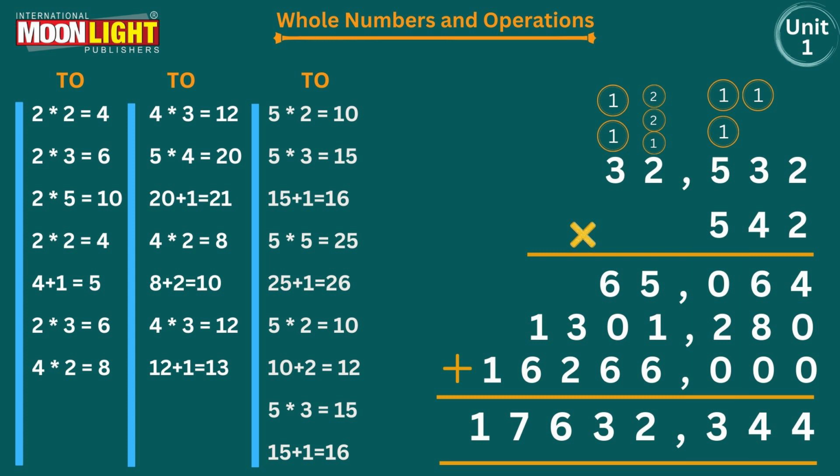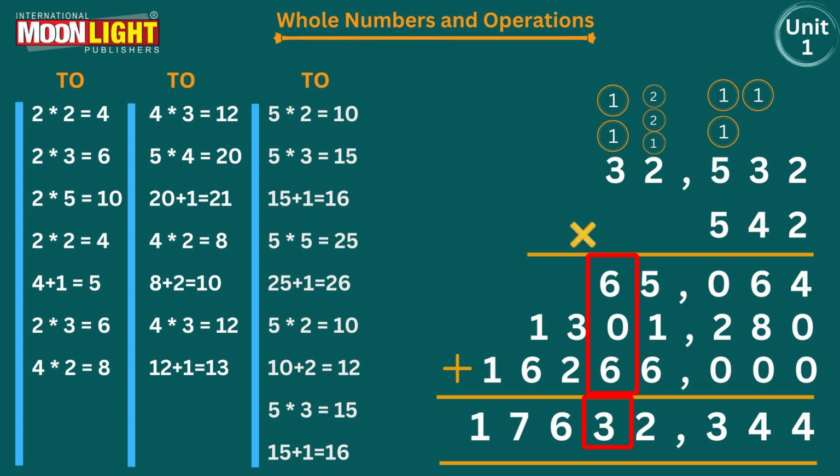Now 5 plus 1, 6, 6 plus 6 is 12. So I will write down 2 over here because this is at 1's place, and 1 will be carried to the number 6. So 6 plus 1 is 7. 7 plus 0 is 7. 7 plus 6 is 13.